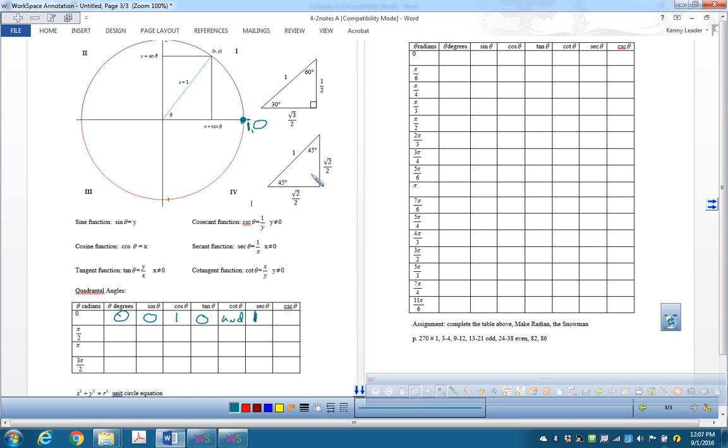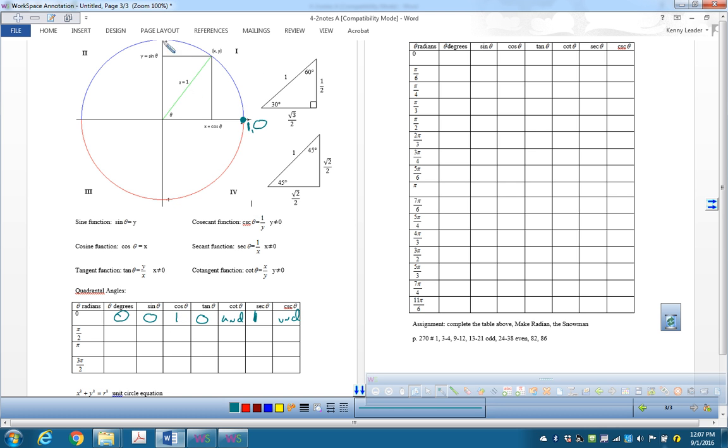It's undefined, or if you think about it another way, cosecant is 1 over y. So if I go 1 over 0, right, I get undefined. So this is also undefined. Questions about that? So there's your first quadrantal angle.